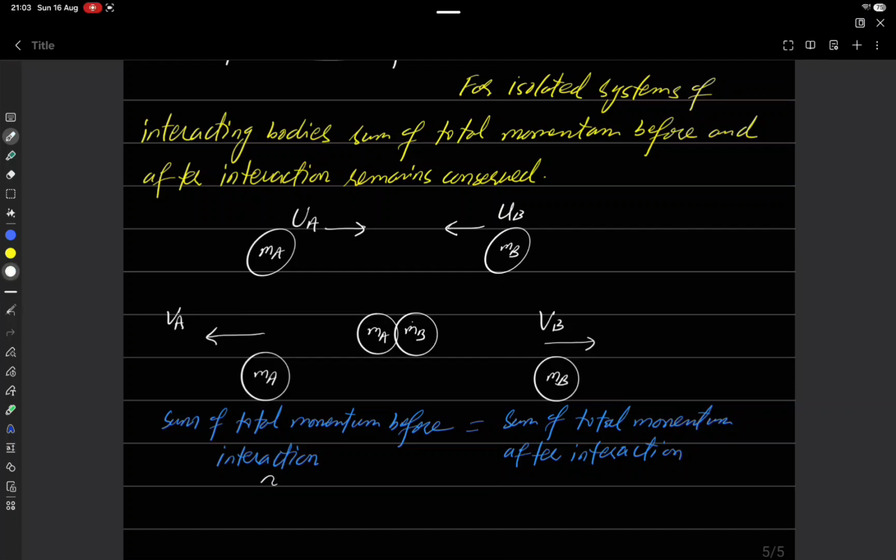So ma ua plus mb minus ub, because the body is moving to the left, so we have to use a negative sign due to the vector, equals ma minus va plus mb vb. So be careful about the signs.